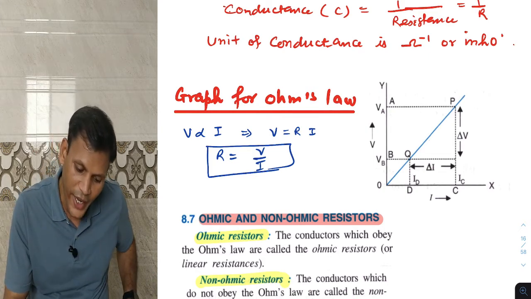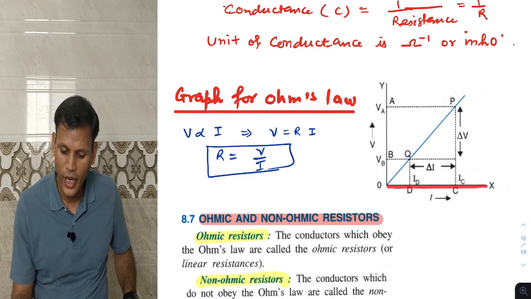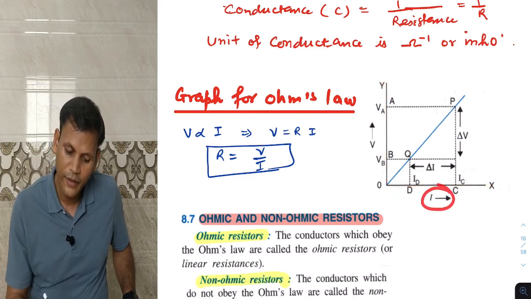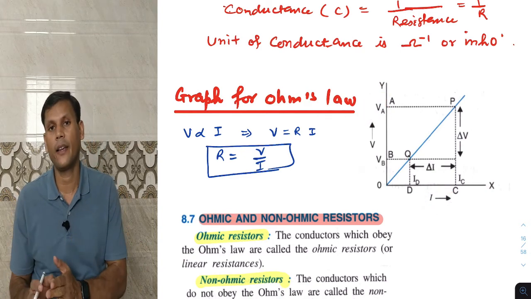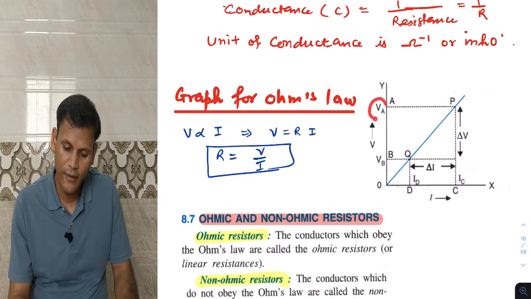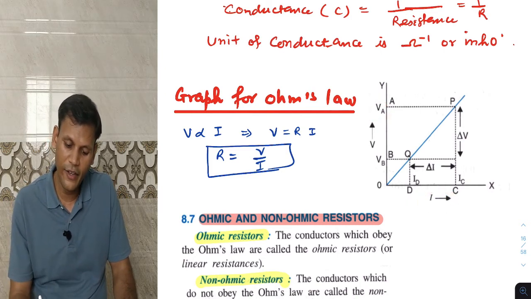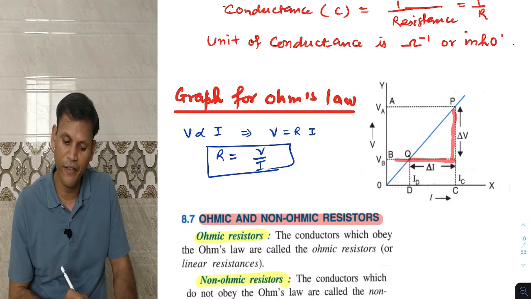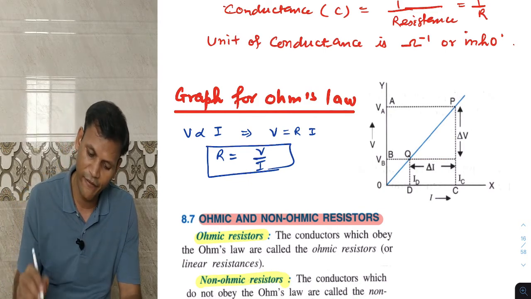If we have to calculate the resistance, then we have to plot the graph of current versus potential difference. And we know V by I, so on the y-axis voltage should be there and on the x-axis current should be there. If we are finding the slope, the slope of the VI graph will give us resistance.